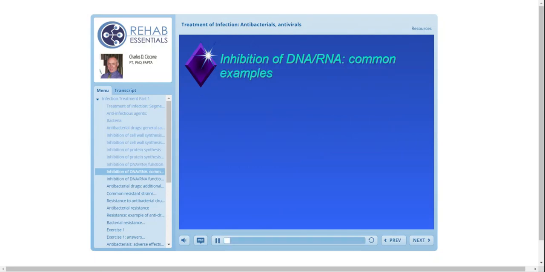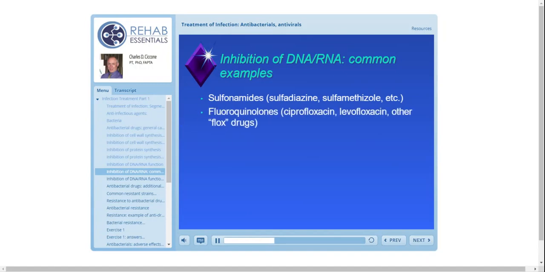So here are some common examples of drugs that work this way, that focus on bacterial DNA and RNA function. The sulfonamides, and some of you may be familiar with sulfadiazine or silver sulfadiazine, very important in wound care, and some other sulfa drugs. They're categorized in this way. The fluoroquinolones, these are drugs like ciprofloxacin, levofloxacin, and other drugs that have that FLOX somewhere in their generic name.